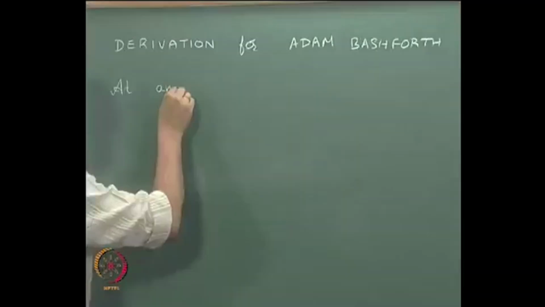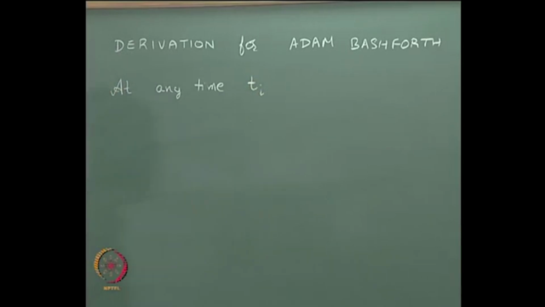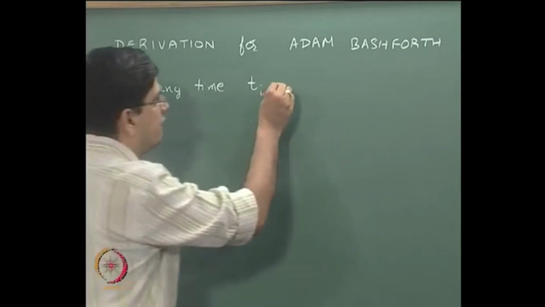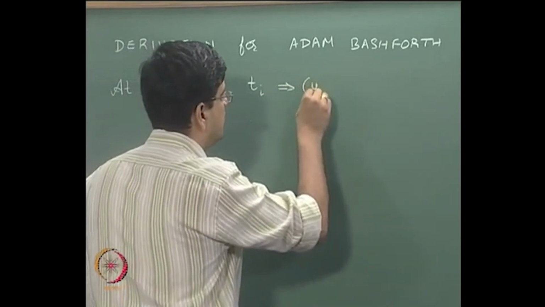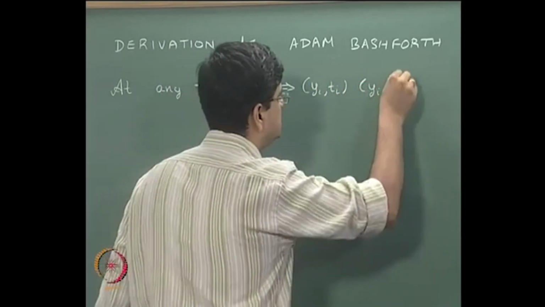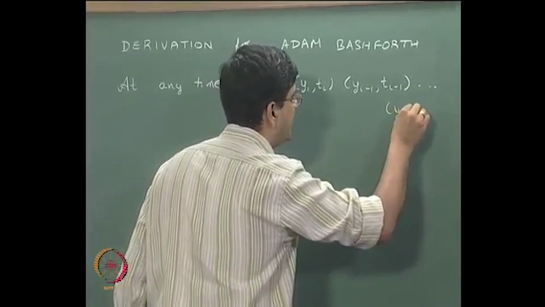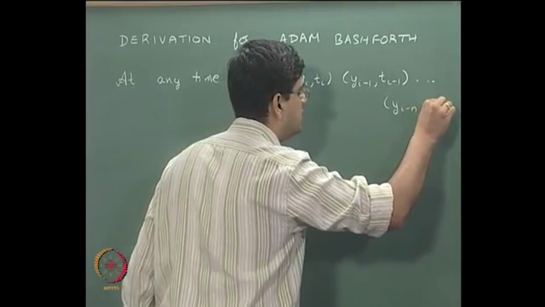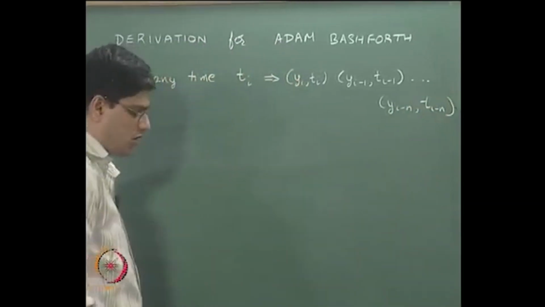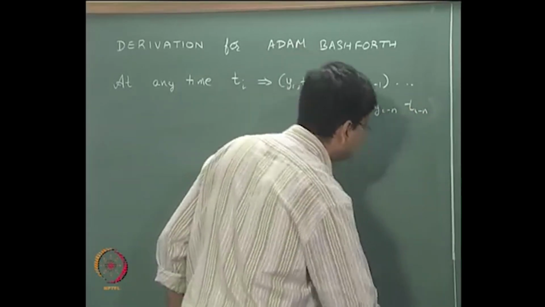At any time t_i, what we assume is that the data is available for us for the past n times. That means at any time t_i, what is available to us is y_i comma t_i, y_{i-1} comma t_{i-1}, and so on up to, sorry, t_{i-n+1}.